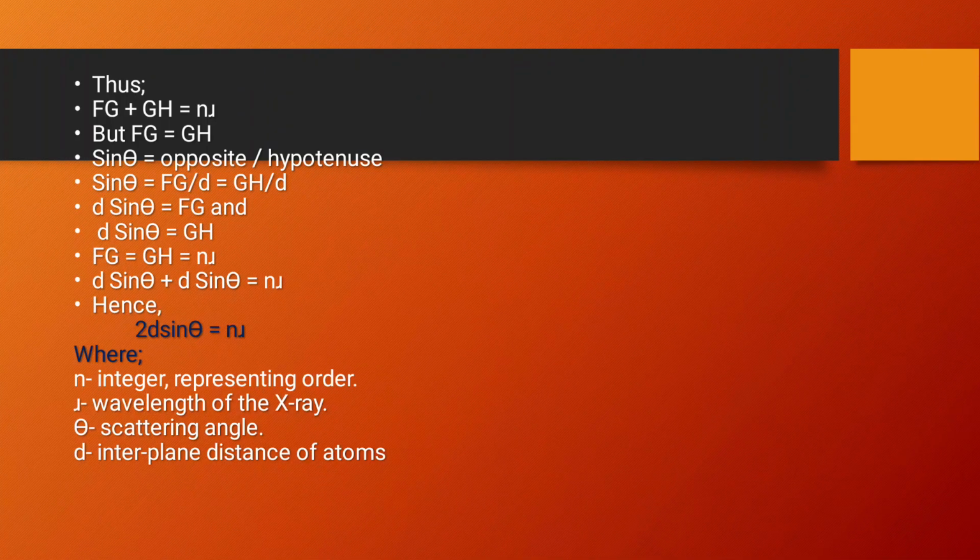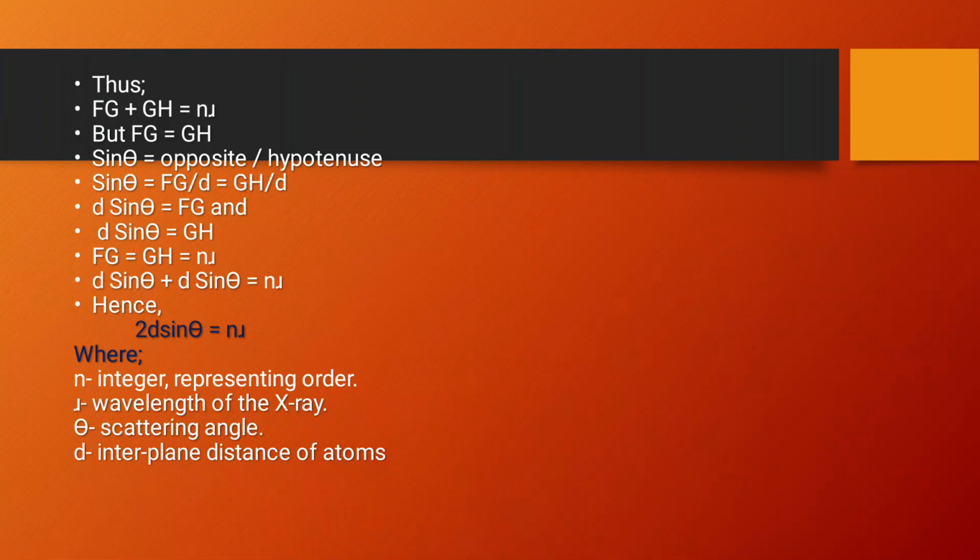So sin theta is equal to FG, the opposite of the first triangle, over the hypotenuse d.